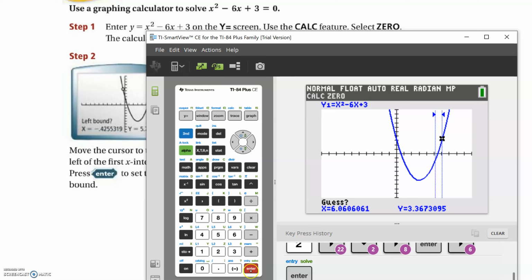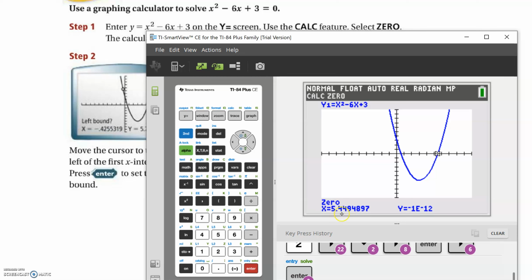We hit enter again, and it tells us that our other zero is at x equals 5.45. So those are our solutions, and as we can see from this graph, we definitely have two solutions because it hits at two different points on the x-axis.